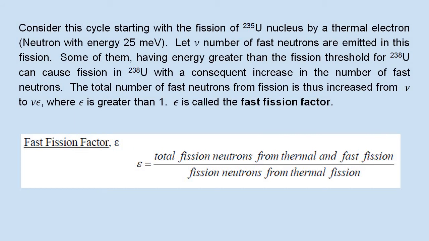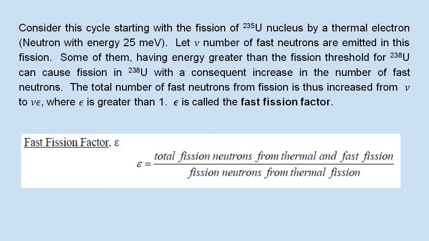Consider this cycle starting with the fission of a uranium-235 nucleus by a thermal neutron. Normally thermal neutrons are of low energy, of the order of 25 MeV. Let nu be the number of fast neutrons emitted in this fission.